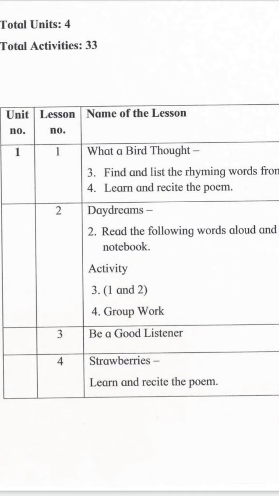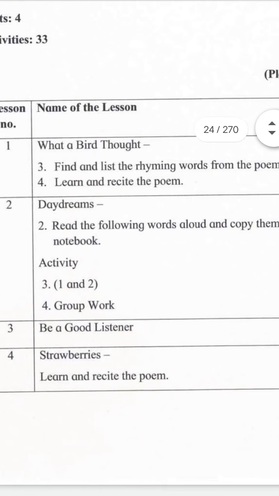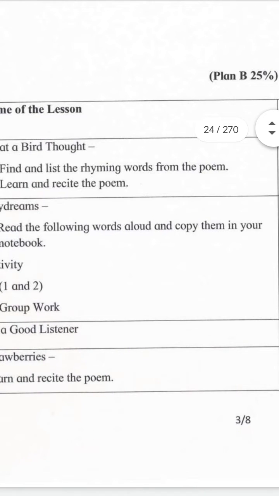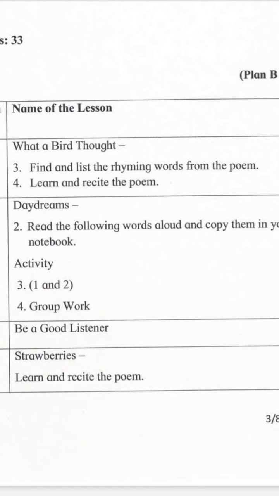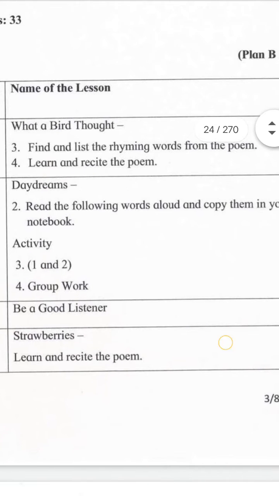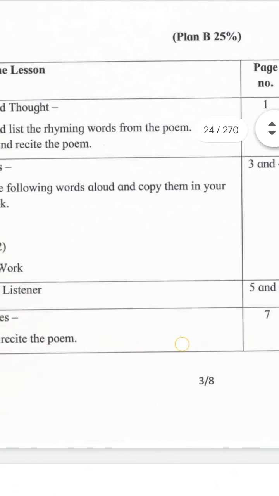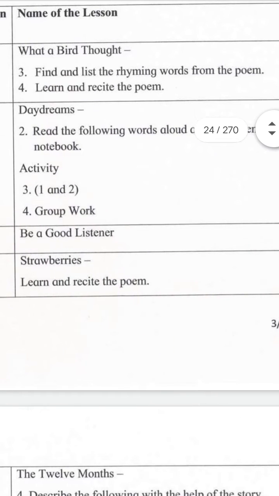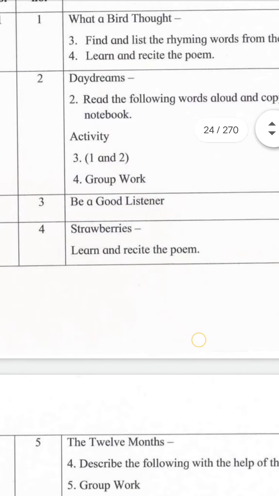So from unit 1, lesson number 1, What a Bird Thought. The activities are to find and list the rhyming words from the poem, and learn and recite the poem. This is going to be for self study. So questions 3 and 4 are for your self study from chapter 1 of class 5.